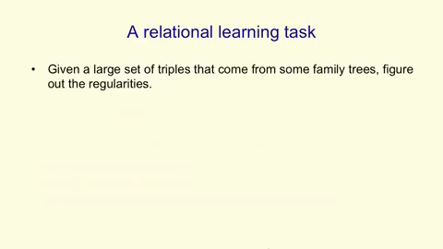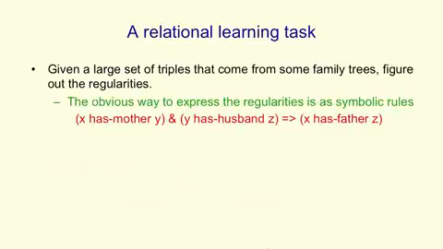So the relational learning task, that is, the task of learning the information in those family trees, can be viewed as figuring out the regularities in a large set of triples that express the information in those trees. Now, the obvious way to express the regularities is as symbolic rules.